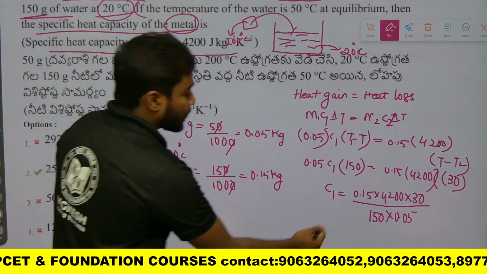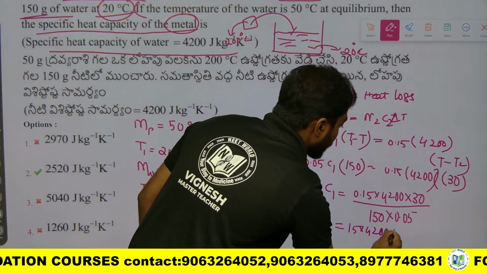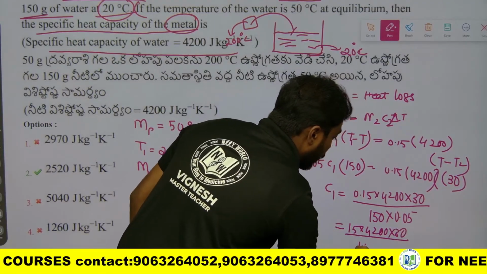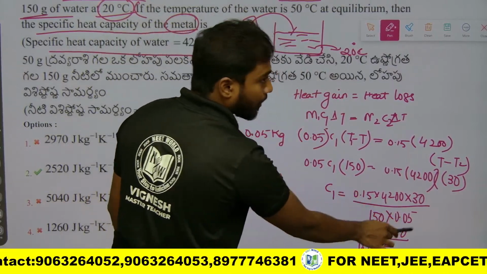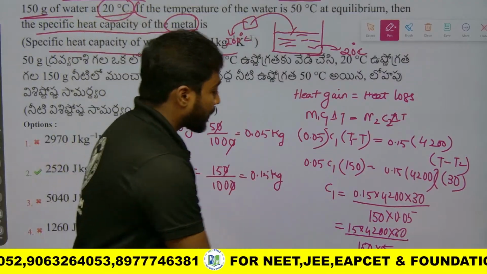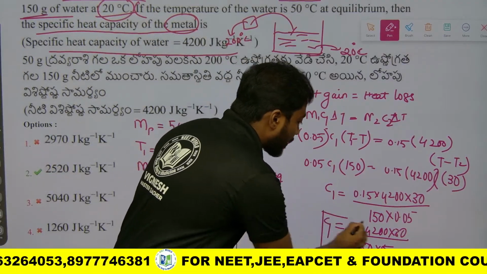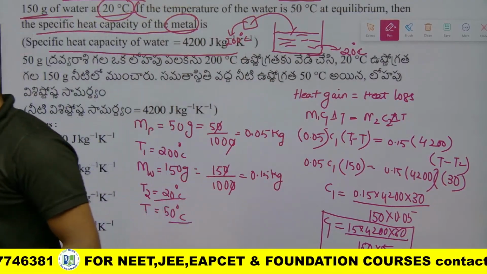Right. So from this I can take out the points, no, 15 into 4200 into 30 by 150 into 5 multiplied by 100 divided by 100. So I can get 15 by 5 as it is. So if I solve this one, I'll get the answer for C1, right?